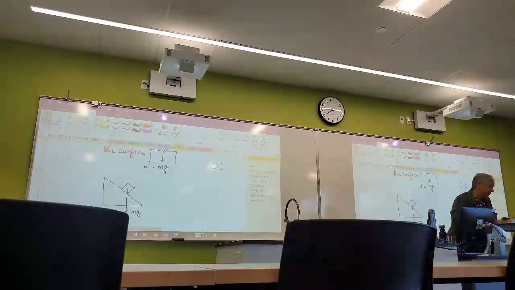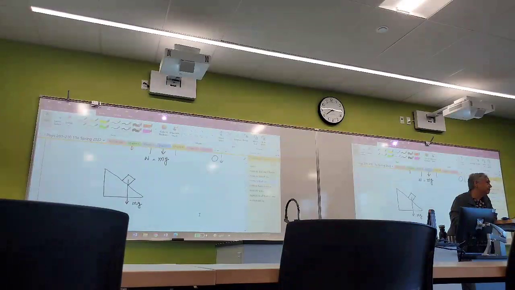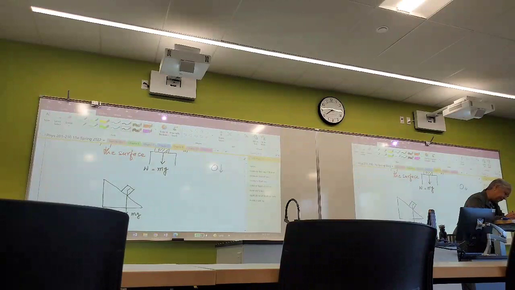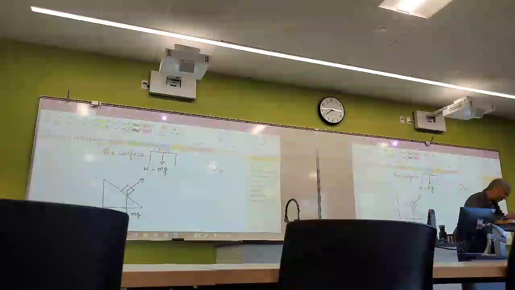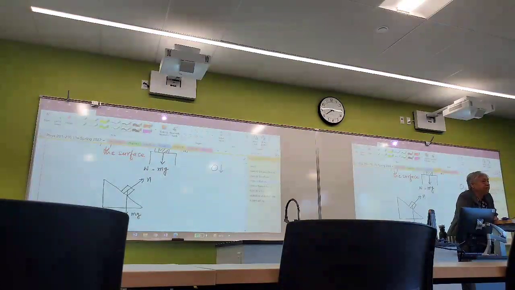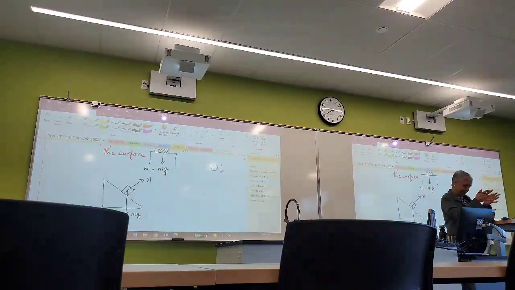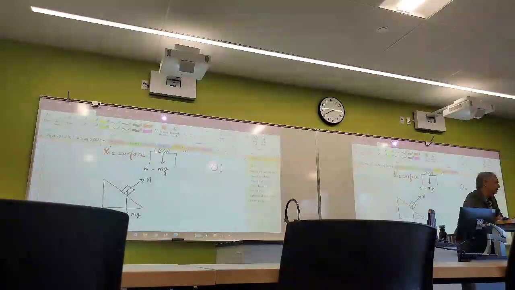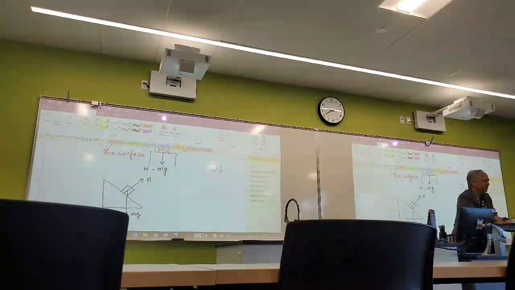How shall I draw the normal force? Perpendicular to the surface. So will it be like this? Perpendicular to the surface. So make sure that you draw them correctly, perpendicular. So not at any angle. If I ask you in the exam, make sure it's exactly vertical for mg. Alright? So far you understand this, right?